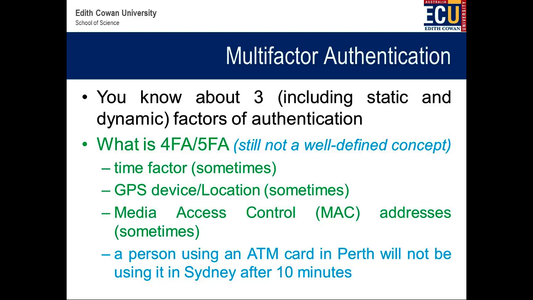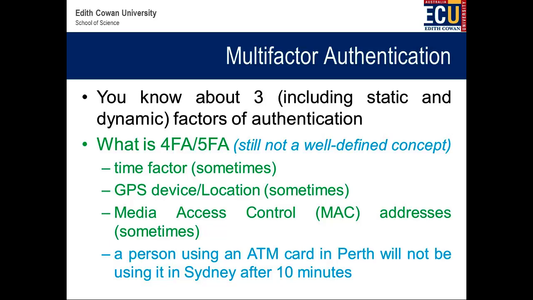Your MAC addresses, media access control addresses, which are unique to a particular computer, can never be repeated. So sometimes this MAC address can be taken as a fourth or fifth form of authentication. An example for the time factor I can give you is if a person uses an ATM card in Perth, they will not be able to use the same service in Sydney after 10 minutes or 15 minutes or 30 minutes.